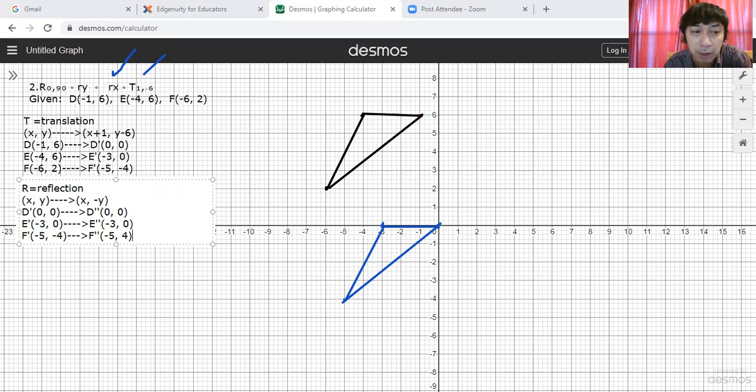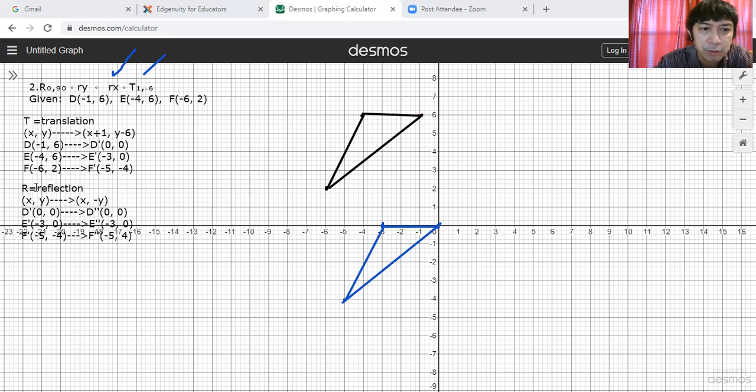We shall plot the output from this reflection. We shall use another color. So shall we use green? Let's use green.